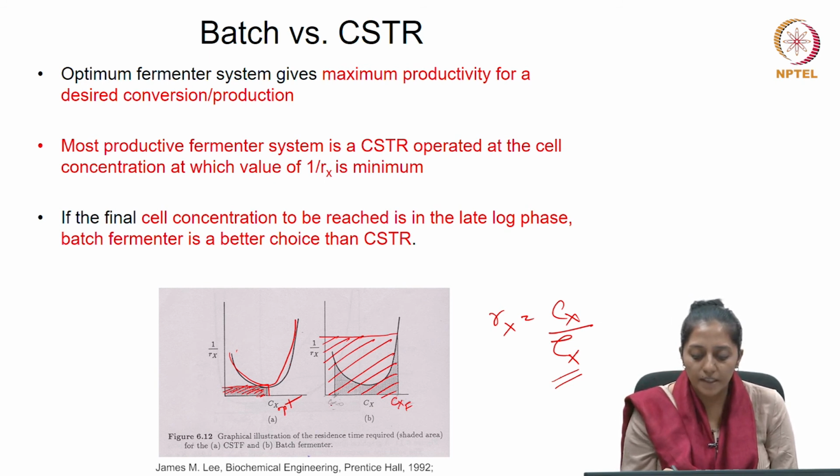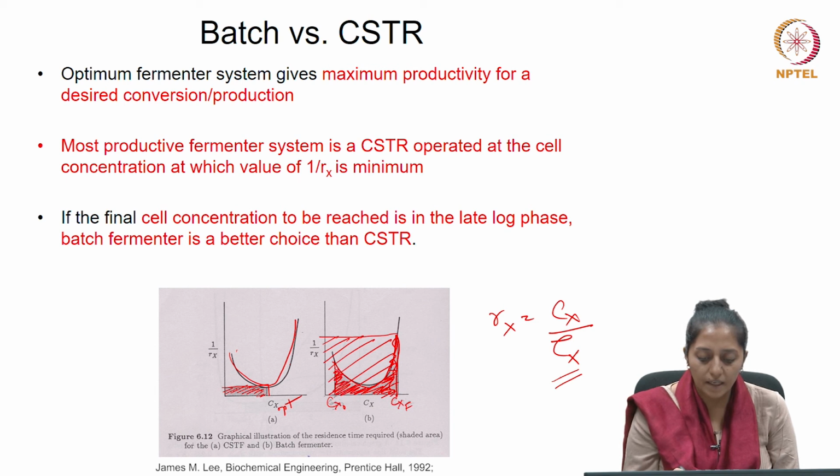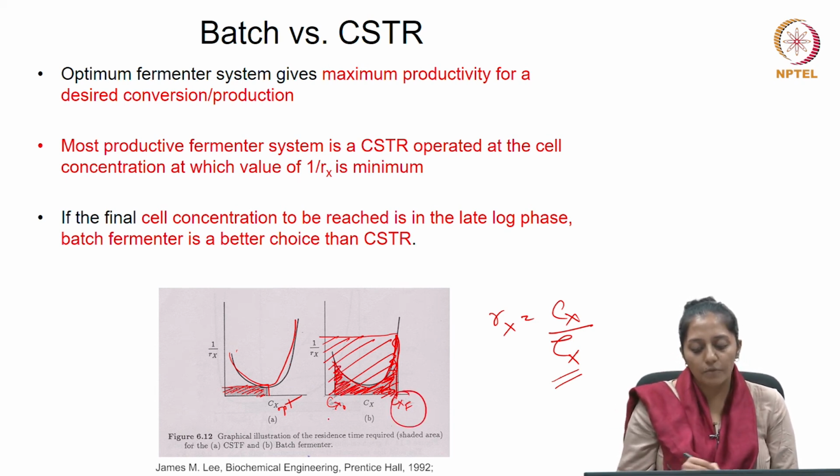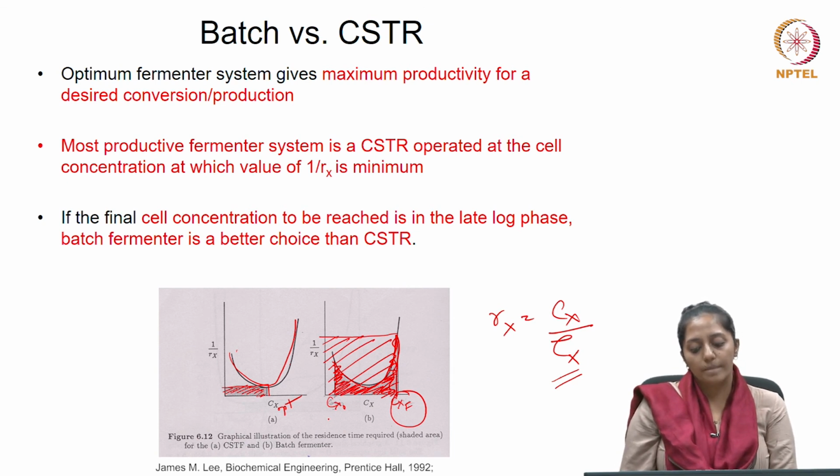Now, this is the shaded area, and otherwise if you run a batch, let us assume the starter culture concentration is Cx naught here. Then your residence time would be the area under the curve, which is nothing but only this much. So, this area is much less than the area for the CSTR to achieve the same final biomass concentration.